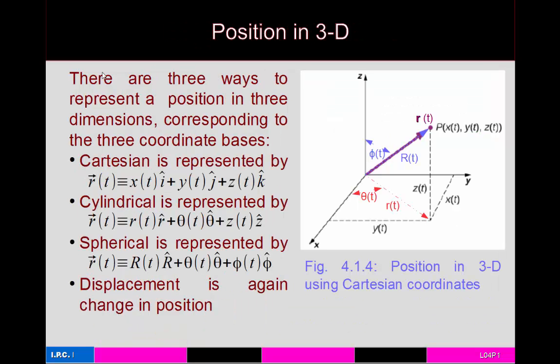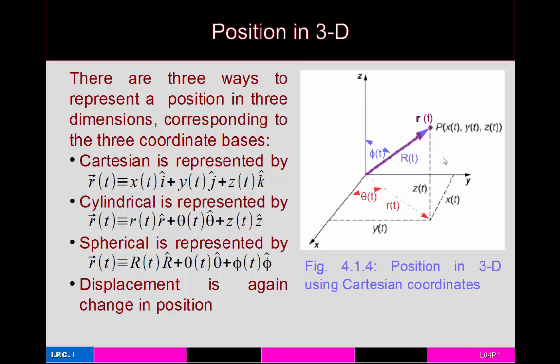So in 3D, again, there are three ways that we can go about specifying a position, and they're all drawn here in figure 4.1.4. You can do it in Cartesian, which is x, y, z, or using unit vectors, you have x i hat plus y j hat plus z k hat, where x, y, and z are all functions of time.